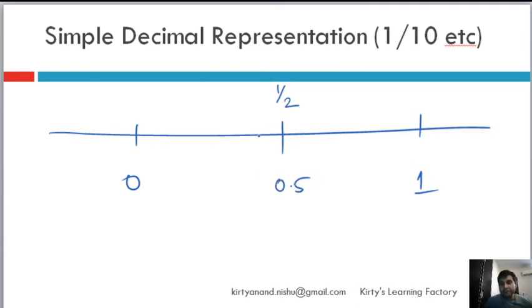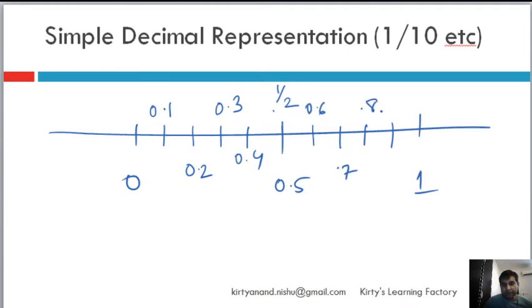If we were to divide this whole part between 0 and 1 into 10 equal parts, 1 2 3 4 5 6 7 8 9 10, this becomes 0.1, this becomes 0.2, 0.3, 0.4, 0.5, 0.6, 0.7, 0.8, 0.9, and you add one more, then it becomes 1.0, right?